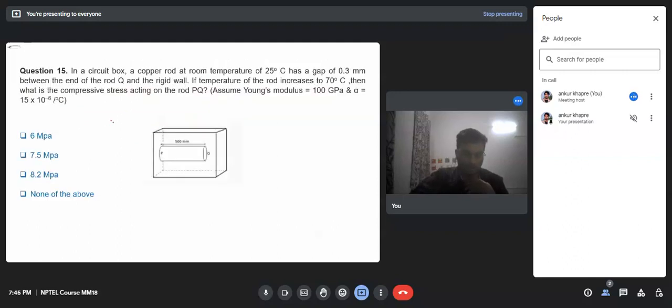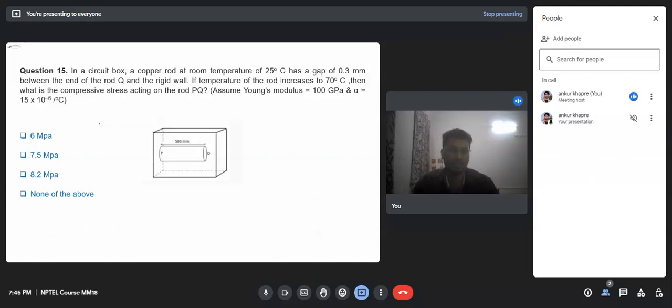So the last question here: in a circuit box, a copper rod at room temperature of 25 degrees centigrade has a gap of 0.3 mm between the end of the rod Q and the rigid wall.